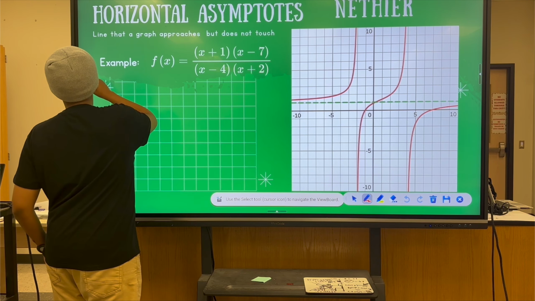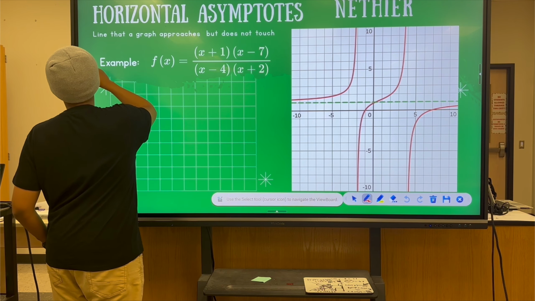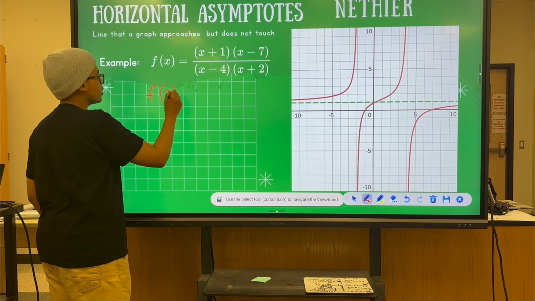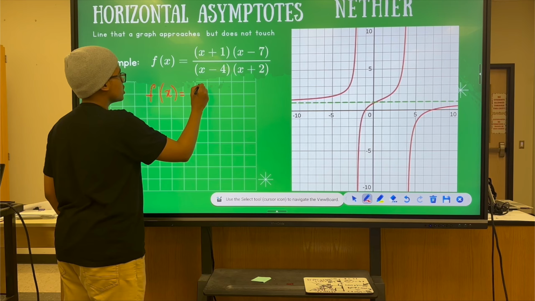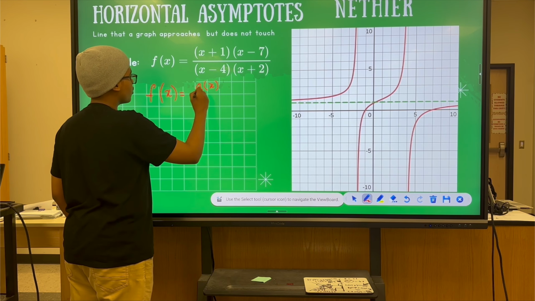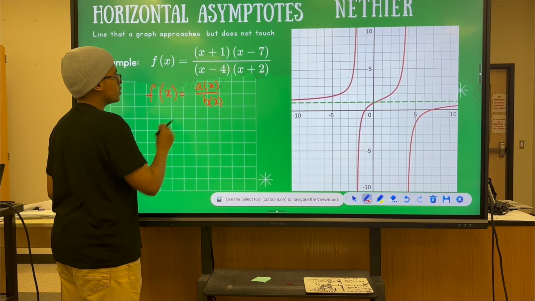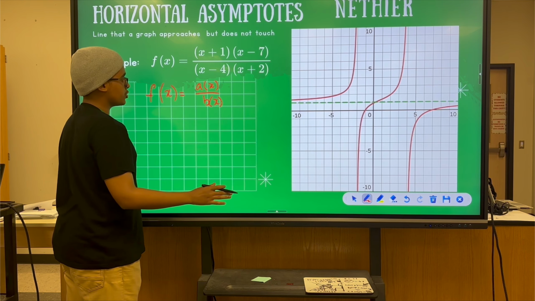So basically what that means is a rational function is defined as f of x equals a of x over b of x. And a of x and b of x are separate terms.